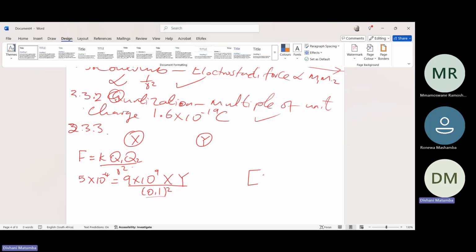This is if we assume that x and y are like charges. Do you agree? If x and y are like charges, for instance, if x and y are both positive, the value of the force will be positive.